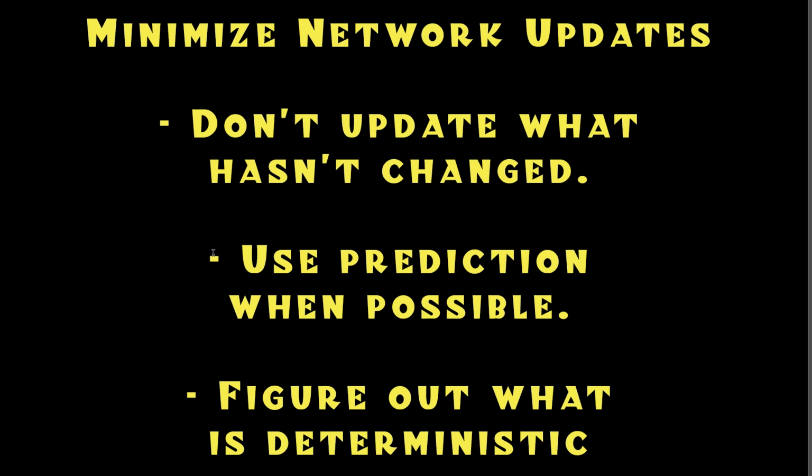Now, another good reason why you'd want to write, say, your own network transform, but that's not the only possible option, is to use prediction when possible. Here's the thing. There's two reasons to do this. One, if you can have each of your clients predict how your objects move around.